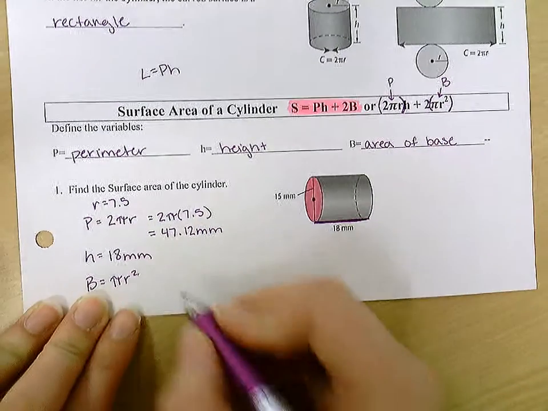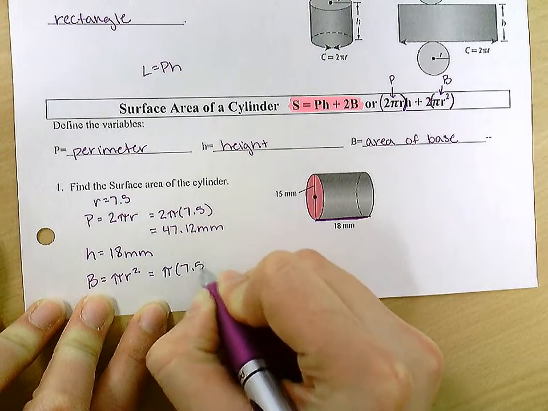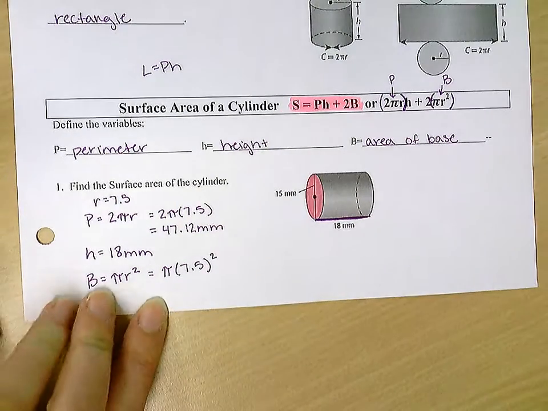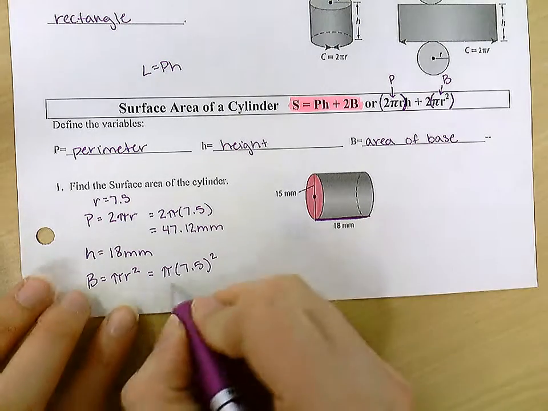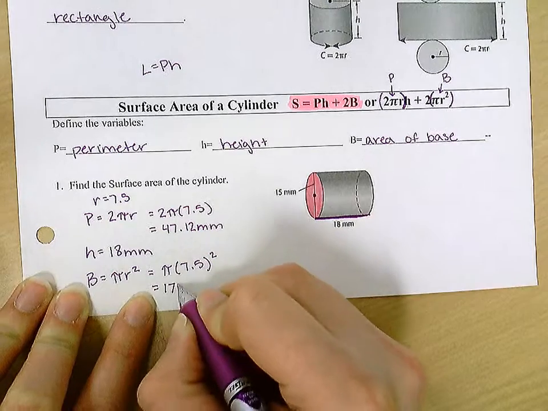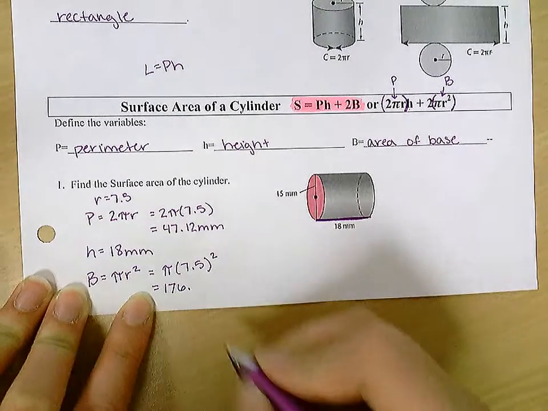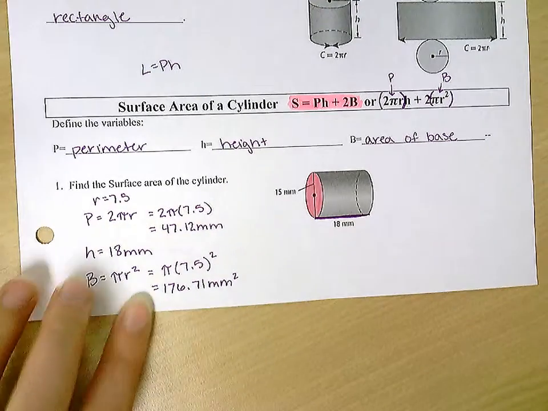R is 7.5, so plug in 7.5 for r. And again, you just have to plug that into your calculator. So 7.5 squared, then times pi. That is equal to 176.71, and that is in millimeters squared.